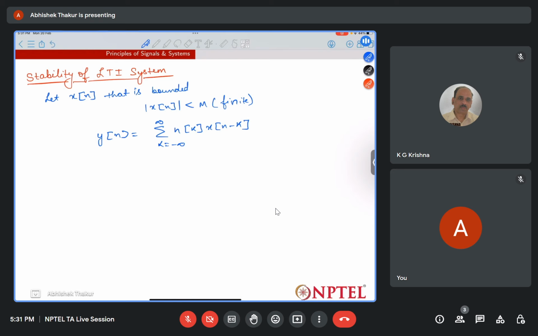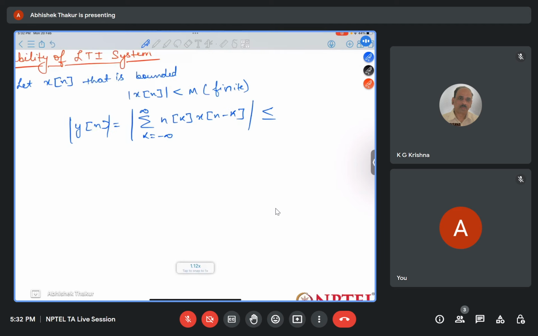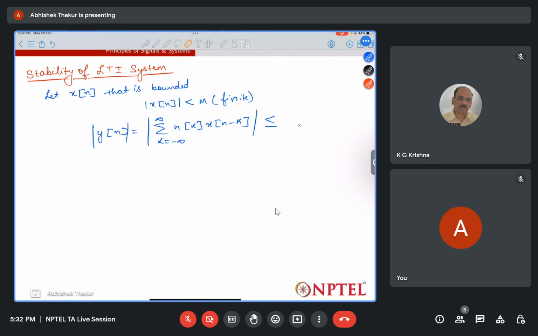For the output to be bounded, the magnitude of the output should also be less than some finite value. And we know that the magnitude of this sum is always less than or equal to the sum of the magnitudes of the individual terms, k from minus infinity to infinity, magnitude of h[k] into magnitude of x[n minus k].